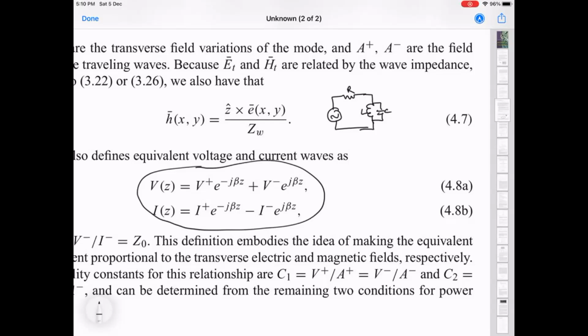So if instead of this circuit, I redraw this in this way, and I think we had briefly discussed this as well, but not in this context.